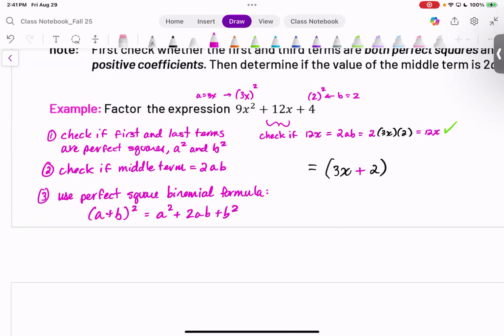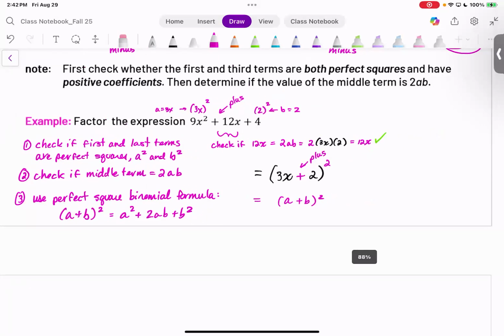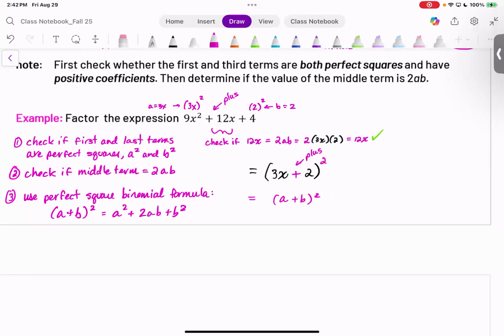And that's going to be squared. Notice that this was plus, or addition, and I use plus here as well. So my final answer here is just 3x plus 2 squared.